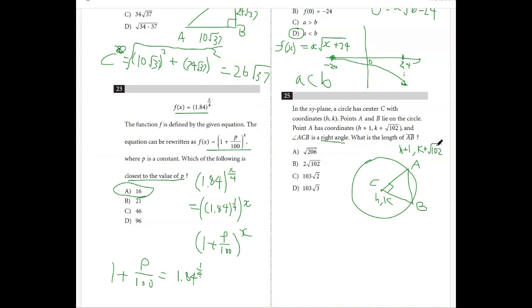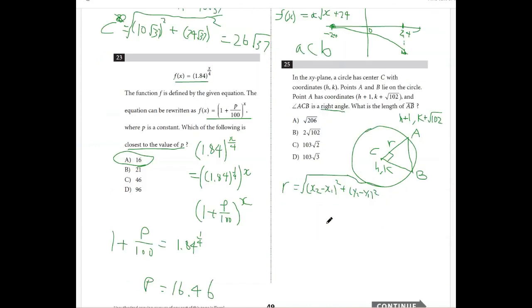We can definitely determine what this R is, because R is simply the distance between coordinates. There should be a square root here.